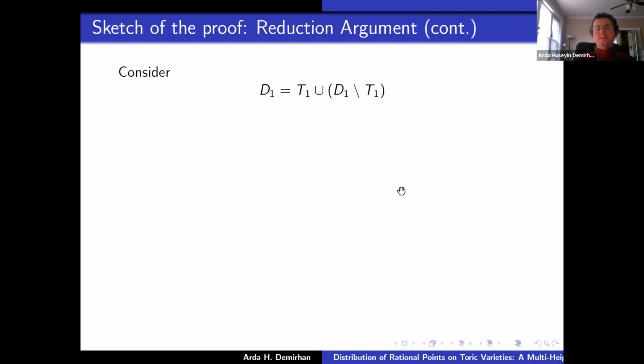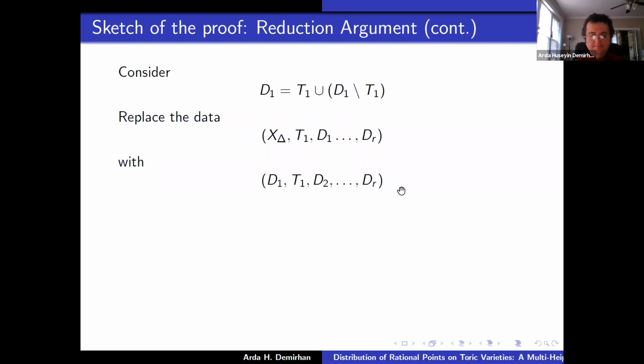So getting into details, we consider an equation in this form: D_1 is equal to T_1 union D_1 minus T_1. Here, the complement of T_1 in D_1 is just the union of all boundary pieces. The crucial observation is that we can replace the data X, Delta, T, D_1 up to D_r with D_1, T_1 up to D_r, removing the D_1.